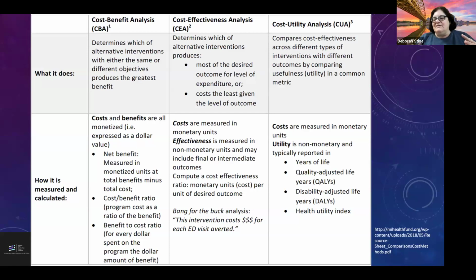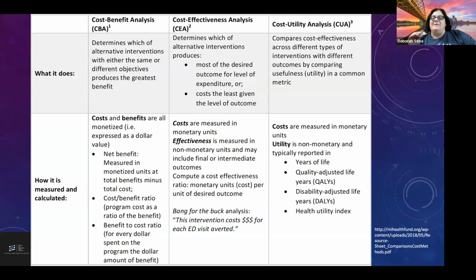When you come to cost effectiveness analysis, you still have cost as dollars, but your denominator is usually some sort of desired outcome. For example, a decrease in colon cancer, or fewer cases of diabetes.